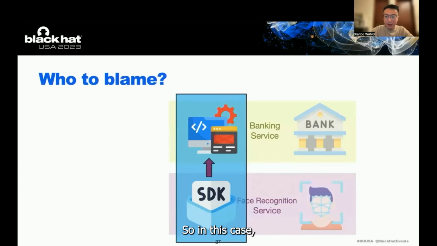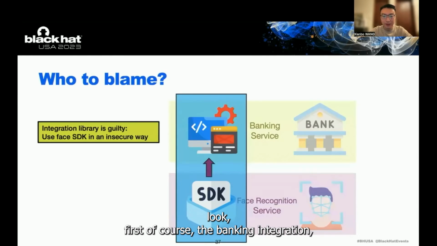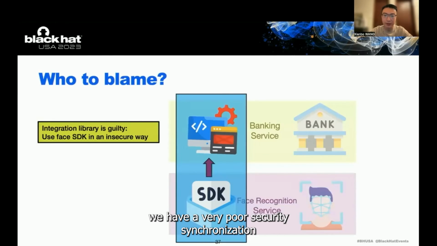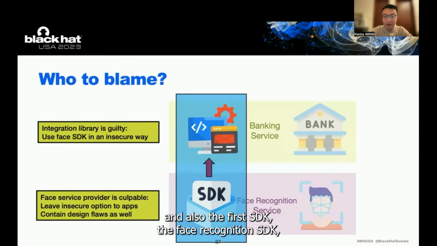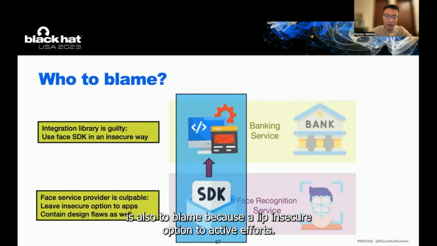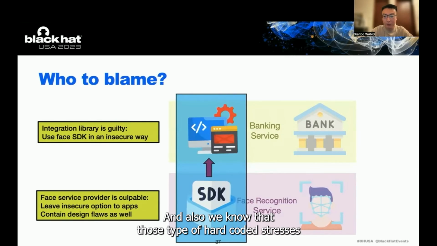So in this case, who should we blame? First, of course, the banking integration library has a very poor security implementation. And also, the Face SDK, the face recognition SDK, is also to blame because it leaves the insecure option to the app developer. And also, we know that it has those hard-coded thresholds, which also make it less secure.